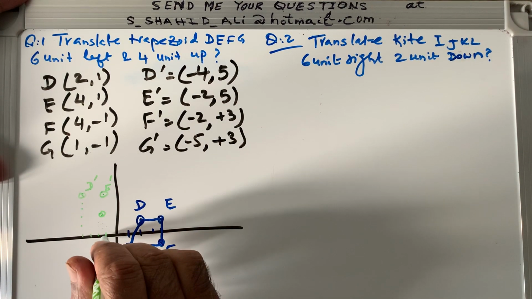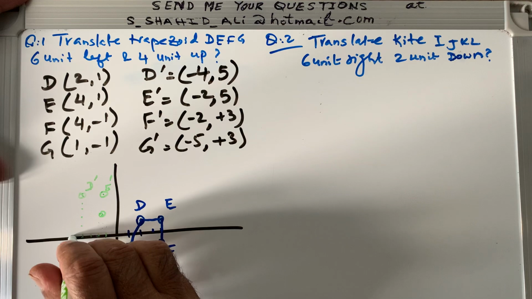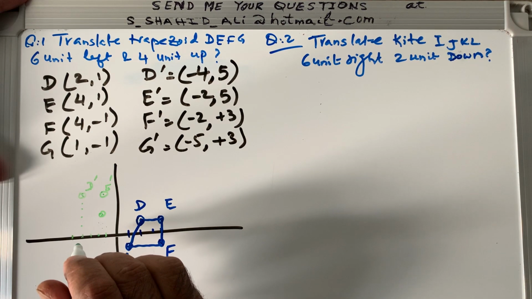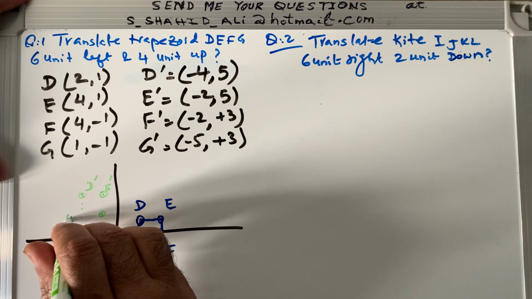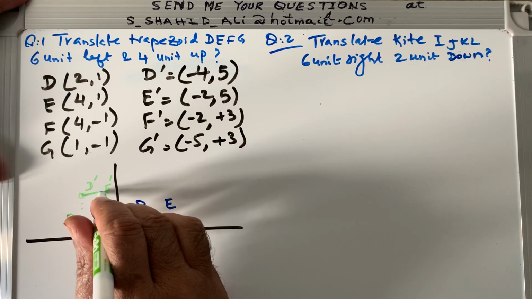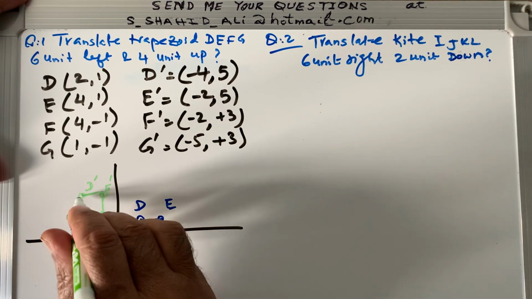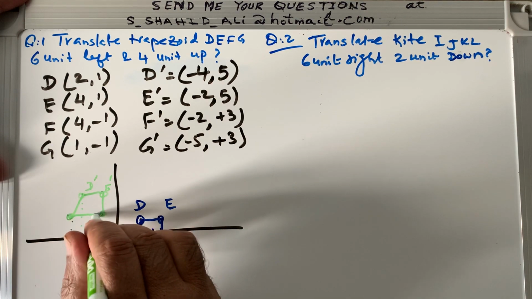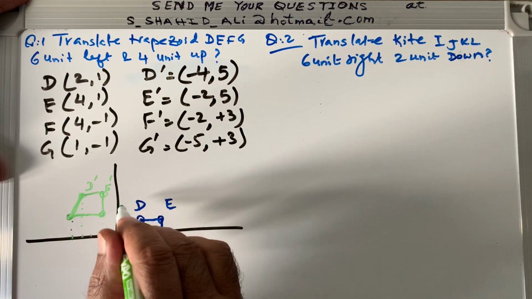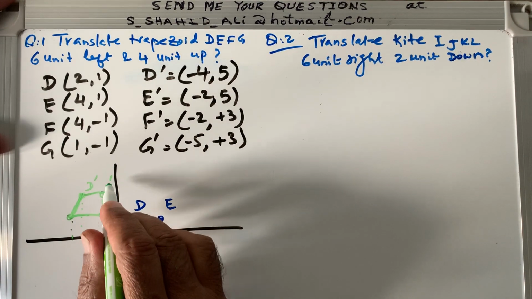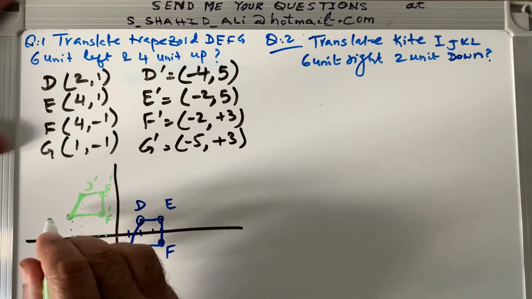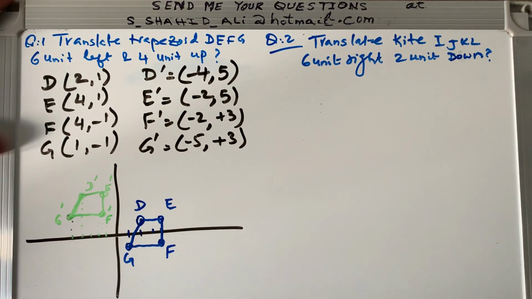Minus 5 and 3, minus 5. So minus 5 is 1, 2, 3, 4, 5. This is minus 5. And now I have to go plus 3. 1, 2, 3. So my trapezoid, this and this is straight, this is tapered and this is straight. So my trapezoid looks like this. So this trapezoid D dash, E dash, F dash and G dash is translated.